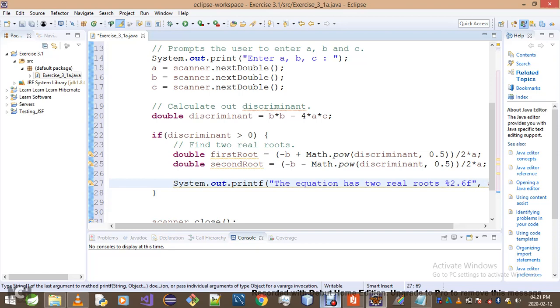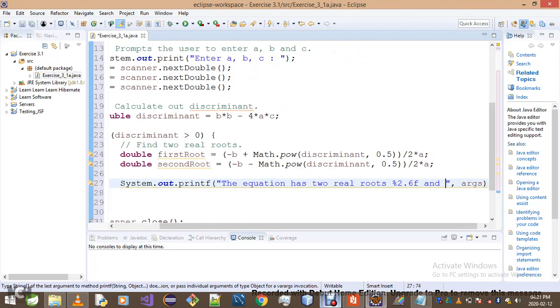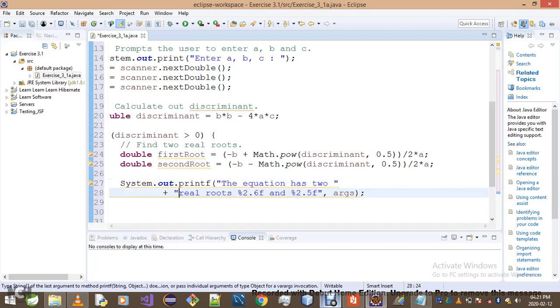Okay, then I put an f, of course I have 2, and let me just go 5 numbers after a decimal point on this one. Oh, let me go to the next line so that everyone can see.